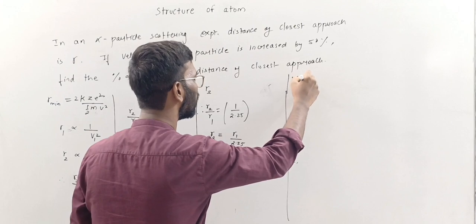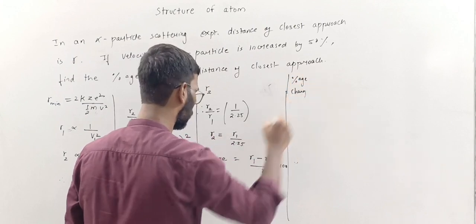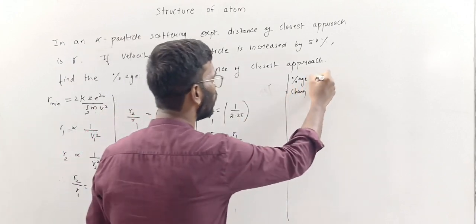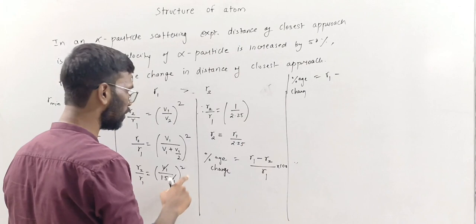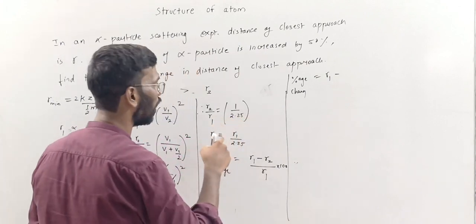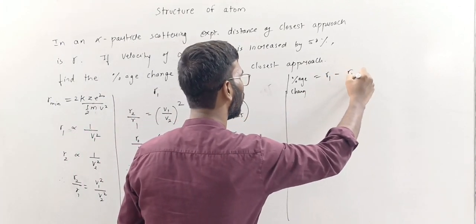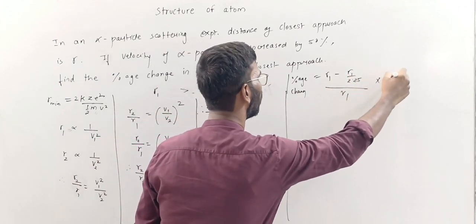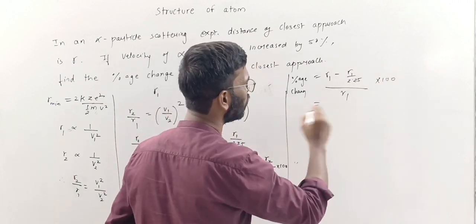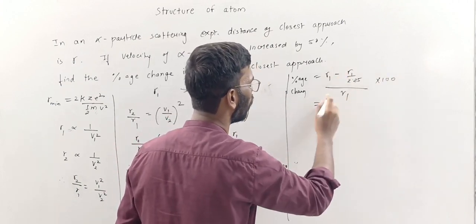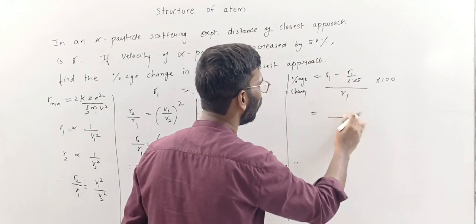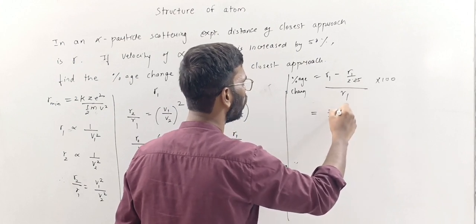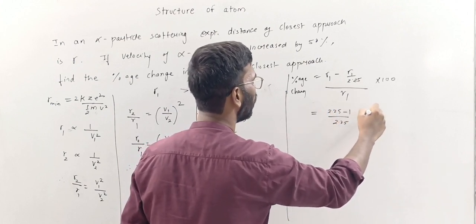The percentage change in the distance of the closest approach is equal to r1 minus r1 by 2.25, divided by r1, into 100. If you solve this, the r1 terms cancel, and what remains is 2.25 minus 1 divided by 2.25, into 100.